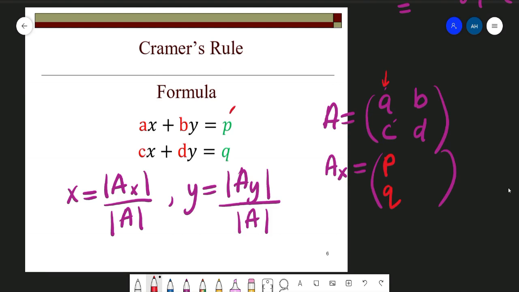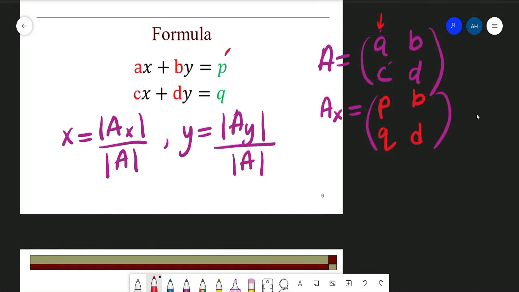And we copy the same second column, with B there and D over here. That will be matrix Ax. Now, can you guess what matrix Ay is?